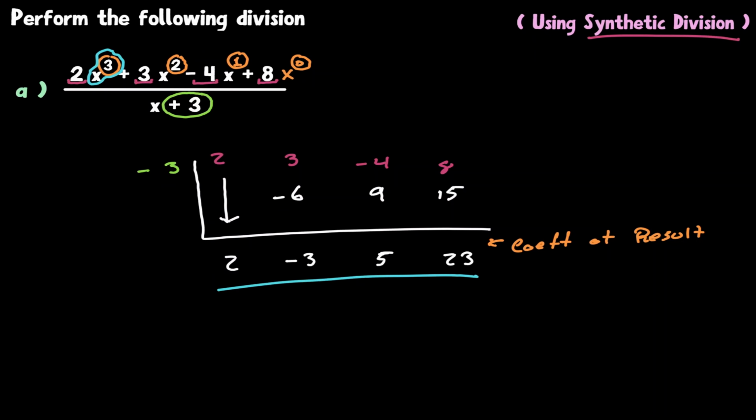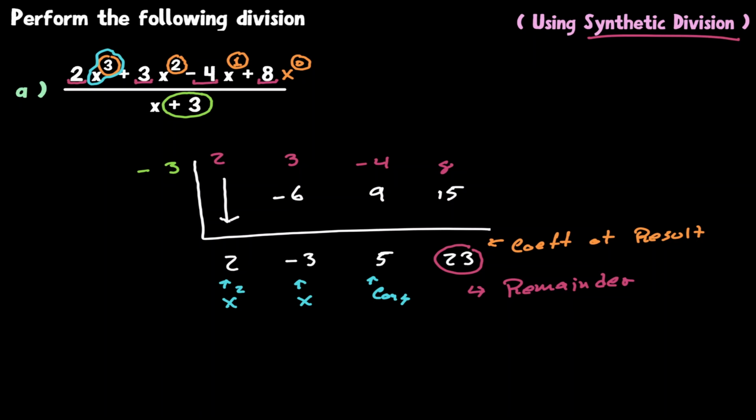So from our results, the value of 2 is going to be the coefficient of one less, which is x to the second. And then we're going to go one lower. -3 is going to be the coefficient of x. +5 is going to be a constant. And the value of 23 is our remainder.